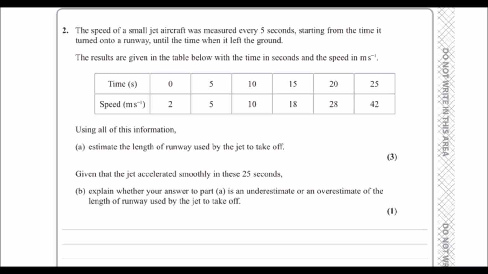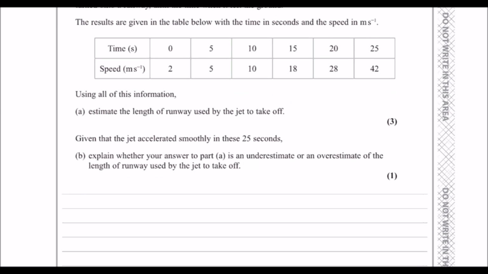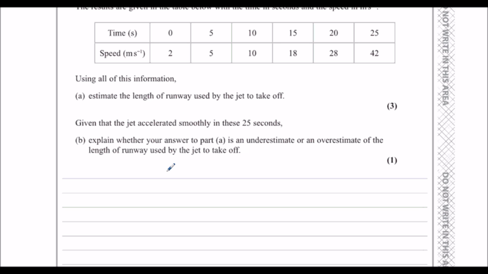So one way of doing that is to halve the first one and the last one. So we'll have 2 over 2 plus 5 plus 10 plus 18 plus 28 plus 42 over 2.